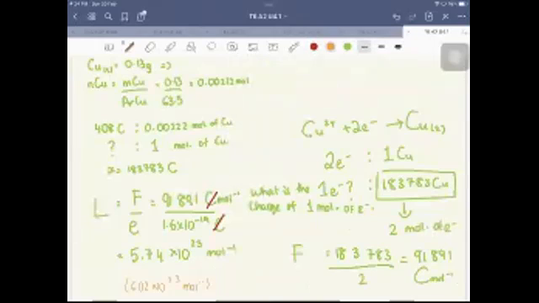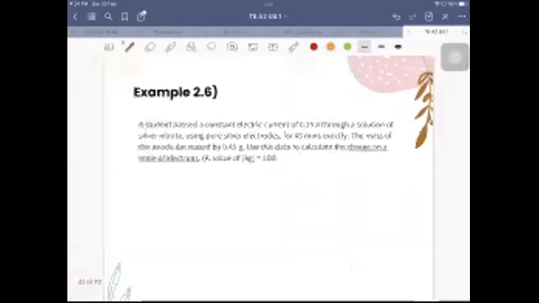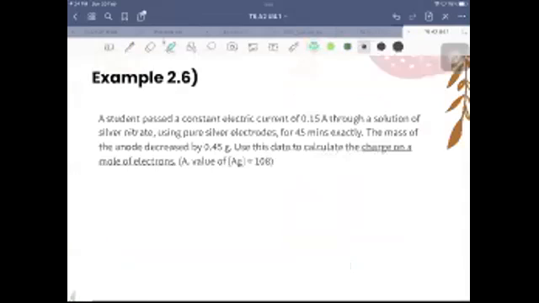Okay, so the charge on 1 mole of electrons is our Faradays. We want to find Faradays. So you've got your I here, you've got your T, but bear in mind it's in minutes. The mass of the anode, our anode would be silver, so silver electrodes.